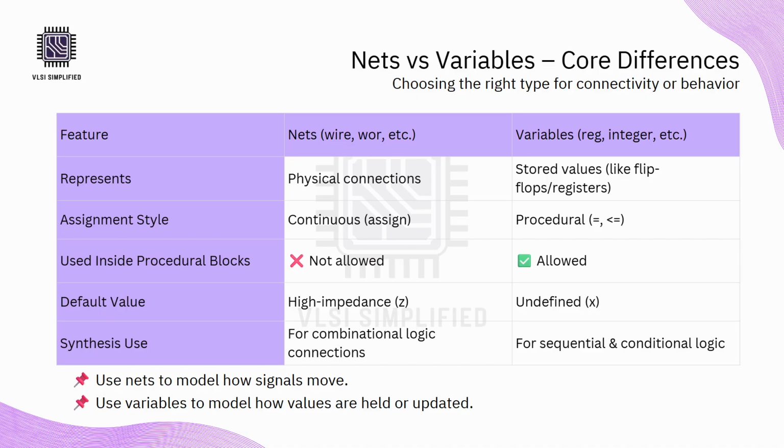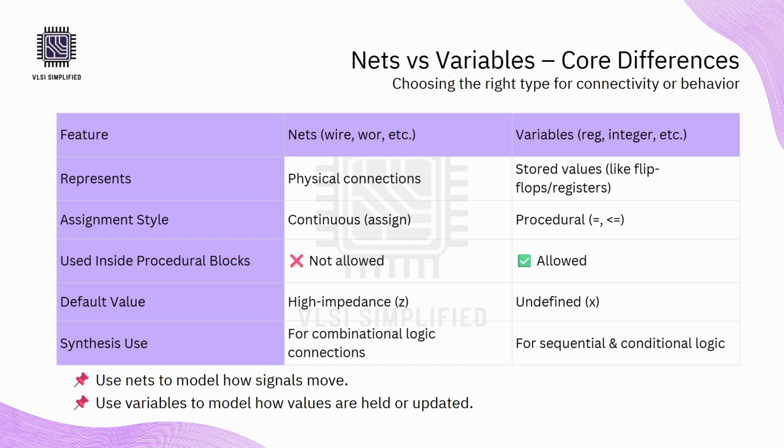Another key difference is nets default to Z, that is high impedance, if not driven. Variables, on the other hand, default to X, meaning unknown, which helps catch bugs during simulation. So when you are connecting gates or modules, use a net. When you are modeling logic that involves state, memory or control flow, use a variable.